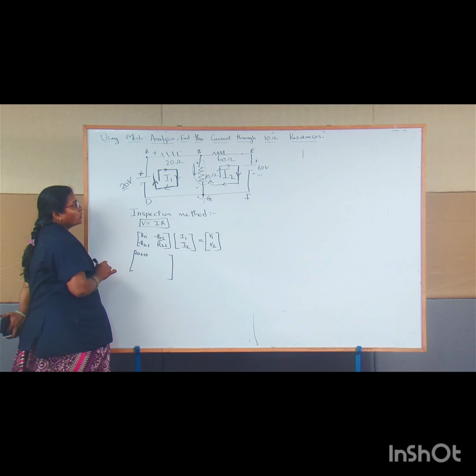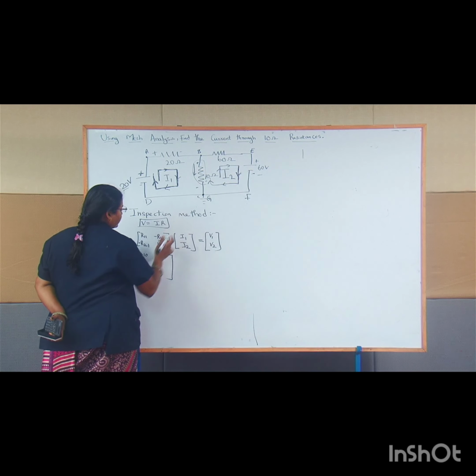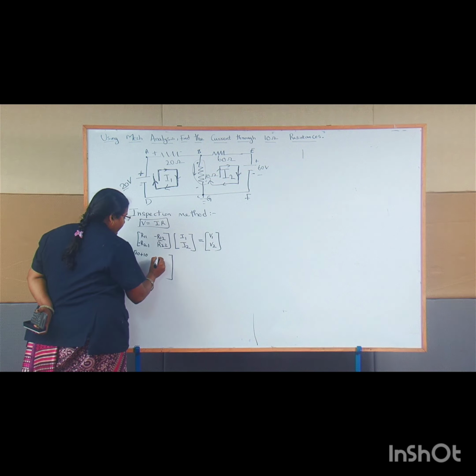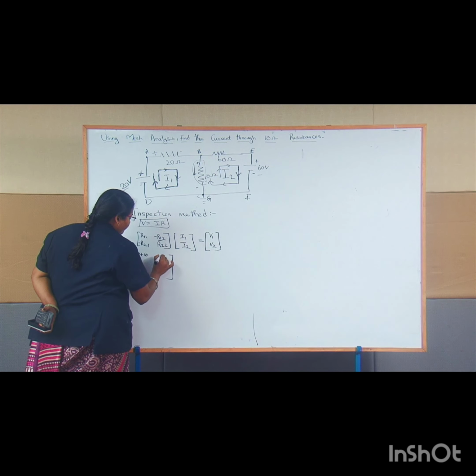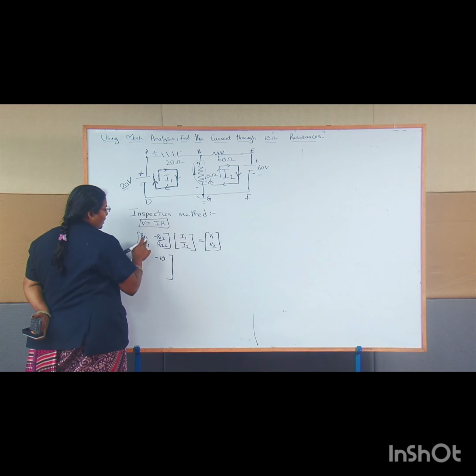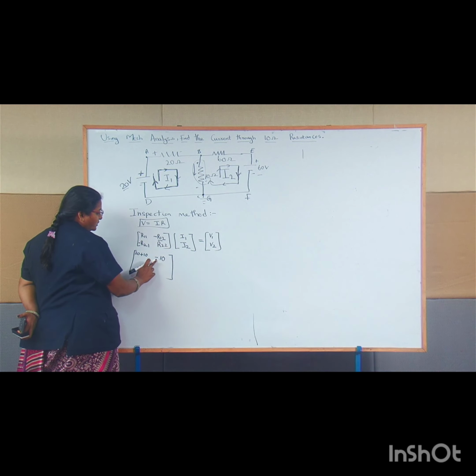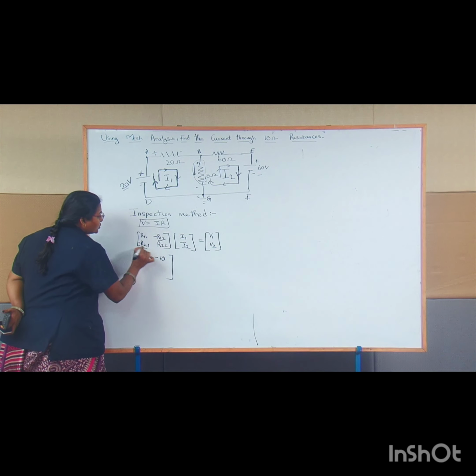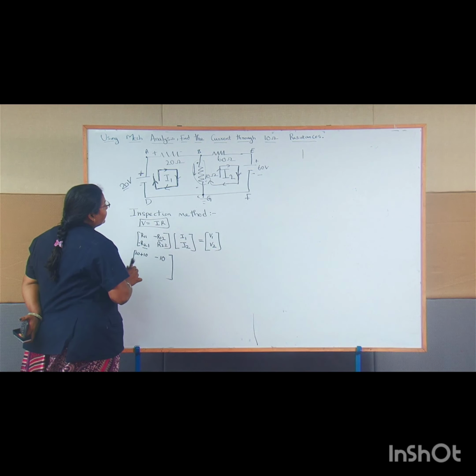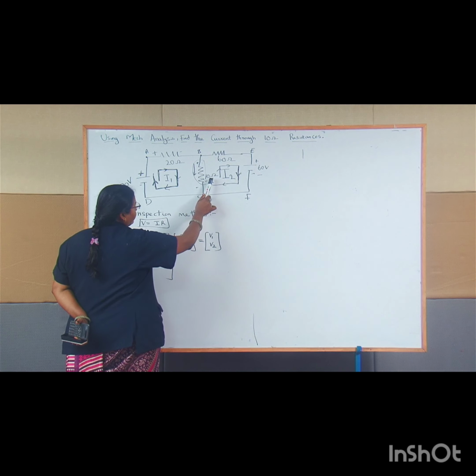R12 means the loop 1 and loop 2 common resistance. Here it is mentioned as 10. So you have to put minus 10, because in the formula itself we mentioned minus. Then R21 is nothing but the resistance which is present in both the loops.